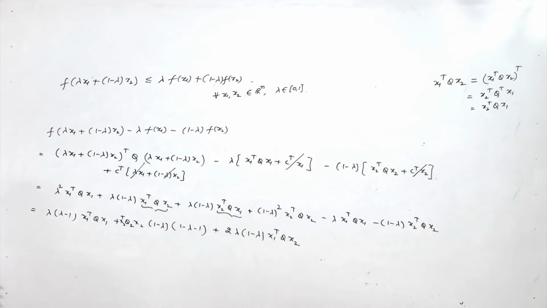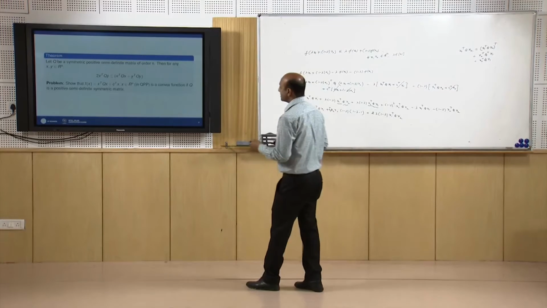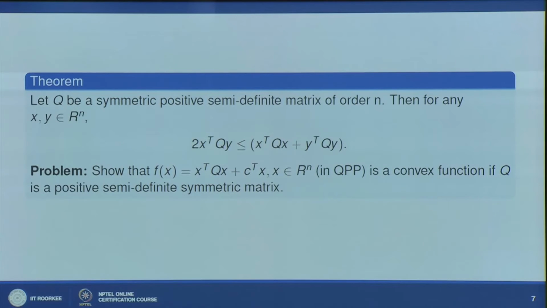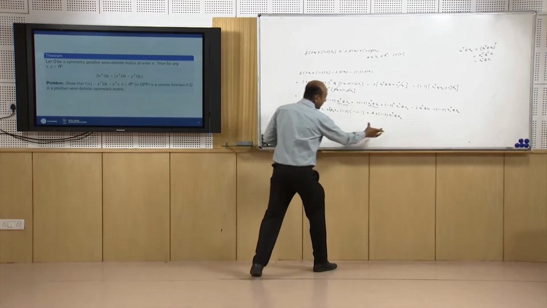Now, we apply this result, that if Q is a symmetric positive semi definite matrix, then twice of x transpose Q y is less than or equal to this quantity. This we have already proved. So, we can apply this result over here.